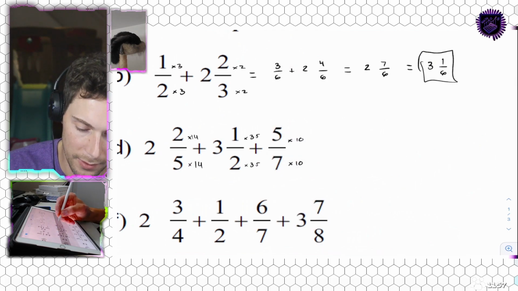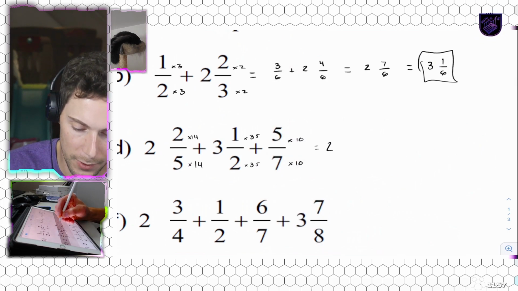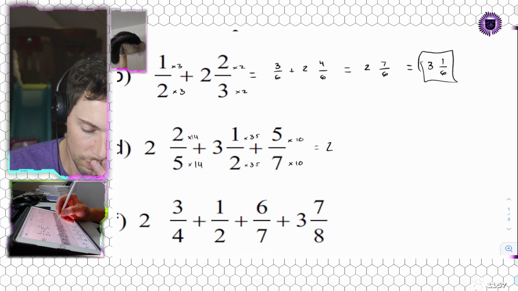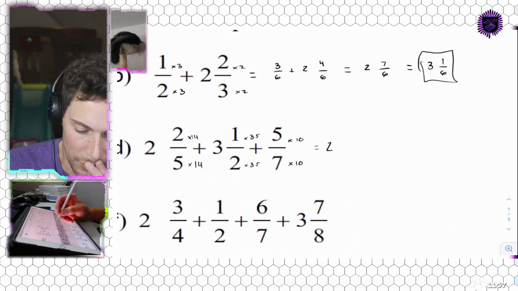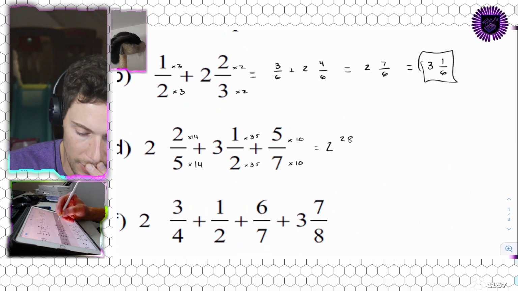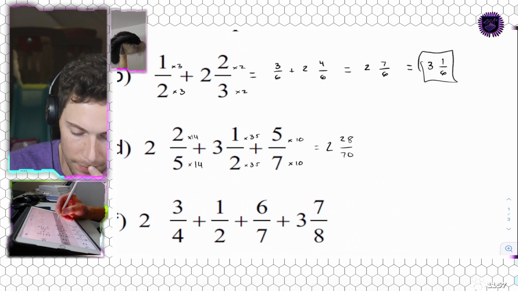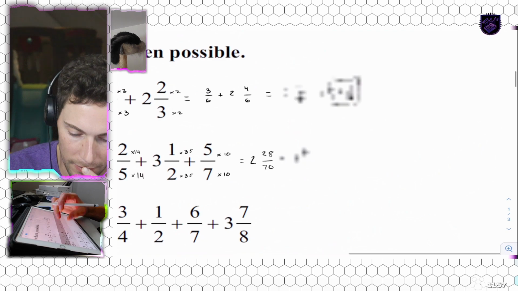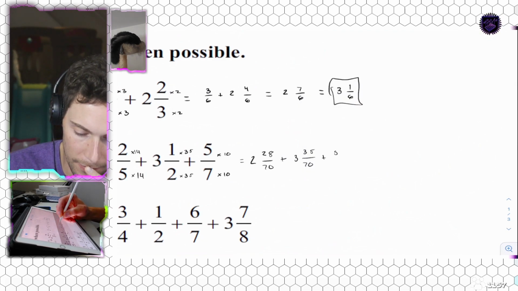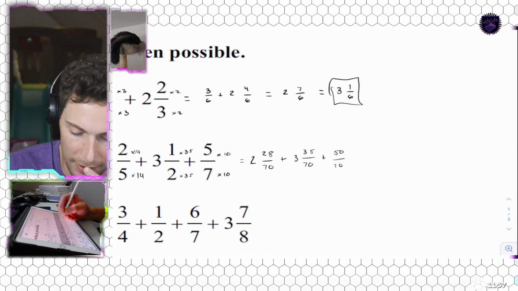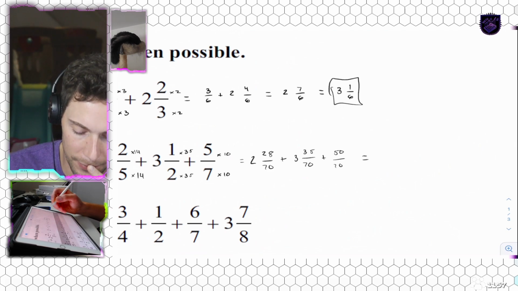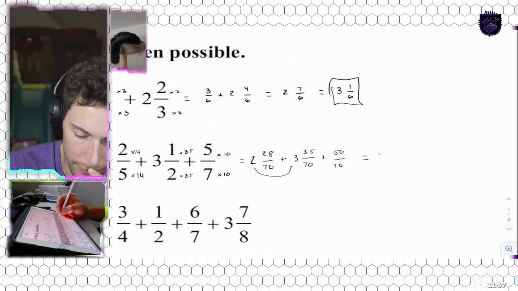All right, let's go. Here, this is going to be equal to 2 and 28/70 plus 3 and 35/70 plus 50/70, which will be equal to 2 and the 3 will be 5.